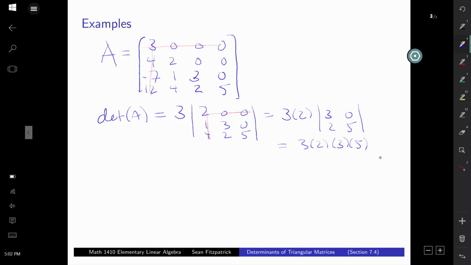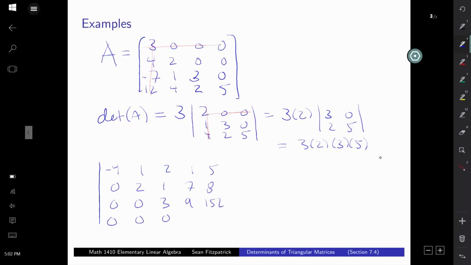Similarly, let's do an upper triangular example: minus 4, 1, 2, 1, 5, 0, 2, 1, 7, 8, 0, 0, 3, 9, 152. It doesn't matter what those numbers are.